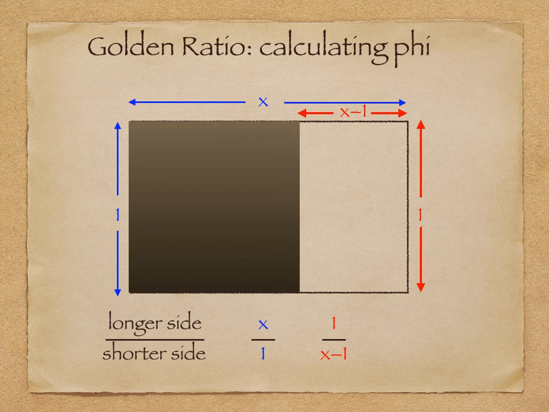If they do share the same shape, then these two ratios must be equal. This gives us a slightly messy equation, but if I can tidy it up and solve it, I'll come up with a value for x that's equal to phi, the golden ratio.